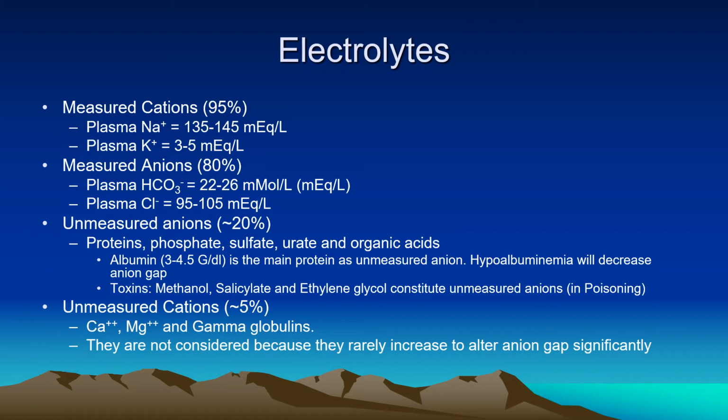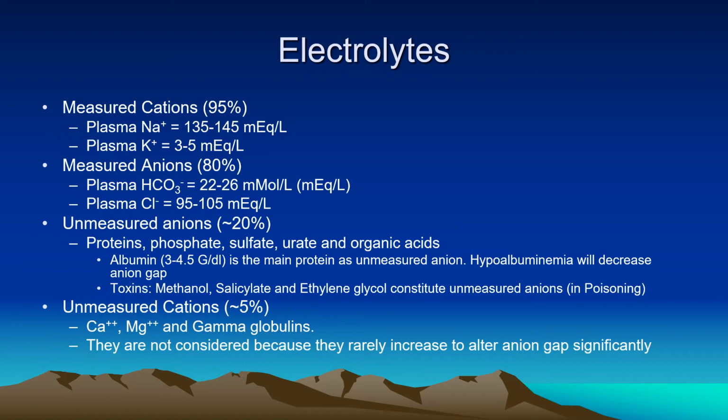Among the proteins, albumin constitutes the main component of unmeasured anion. Therefore, changes in the levels of albumin would alter the anion gap, and we will see an example of such alteration in the coming slides.